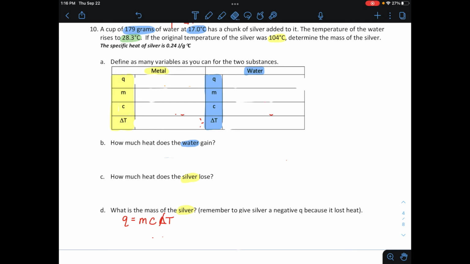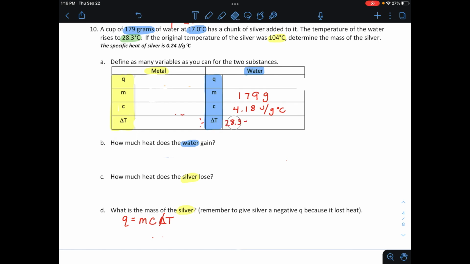So we know the mass of the water is going to be 179 grams. We know always the specific heat of water is 4.18 joules per gram times degrees Celsius. And we know that the water went from 17 to 28.3. Now the metal goes from 104 to 28.3.